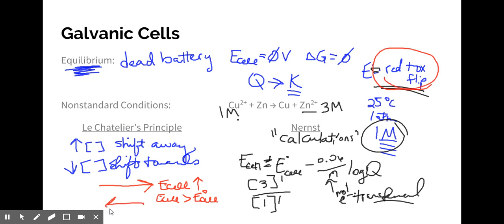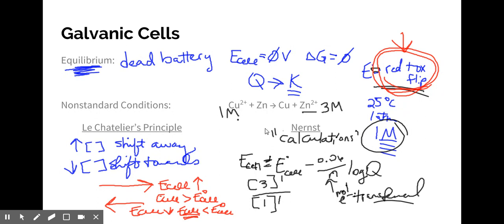Anytime the reaction is shifting towards my reactants, my E cell actually decreases. And so what that means is that my non-standard E cell will be less than my standard E cell value, the one with the little not symbol. And again, my standard E cell value, that's how I find it right there, reduced plus oxidized flipped. And I will be given those E cell values.